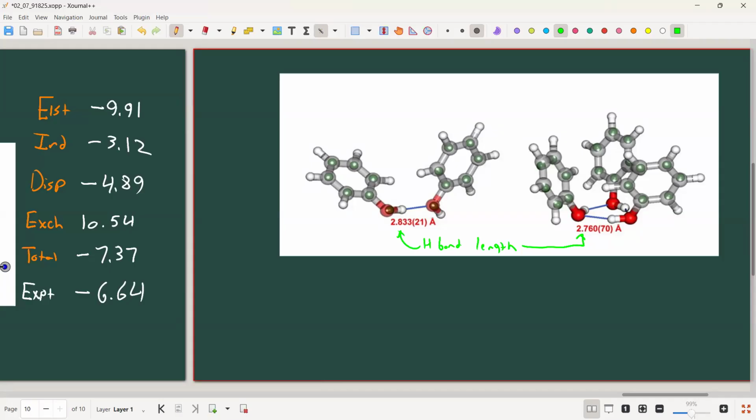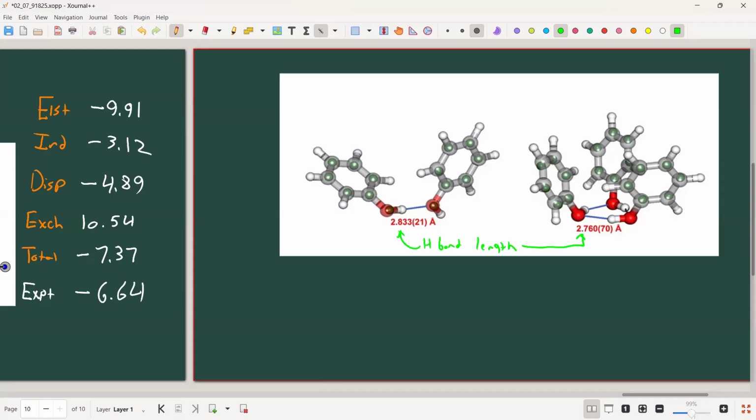But what has happened? The hydrogen bond has shortened by 0.1 angstroms. Now you may say, who cares? It's a small amount. But in reality, that shouldn't happen. The idea is that you've been talking about interactions between two molecules.